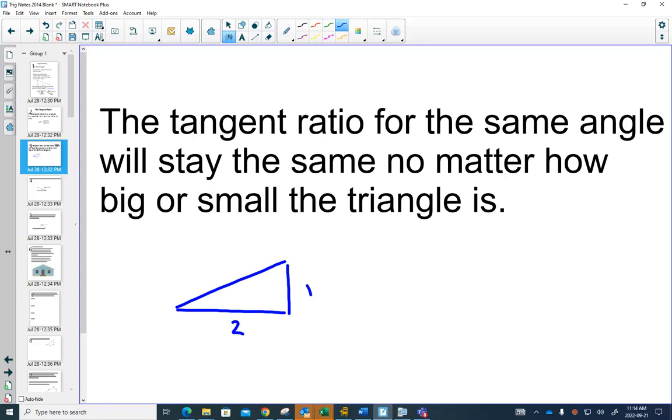We're going to be able to, in this class, figure out that the answer to what is this angle is 26.565 degrees. I'm not telling you yet, but eventually we're going to be able to figure out that this angle is 26.56 degrees. If I take this triangle and make it bigger, I double this side and make it 4. I double this side and make it 2.